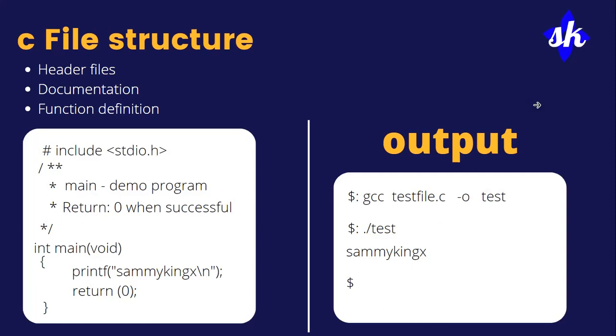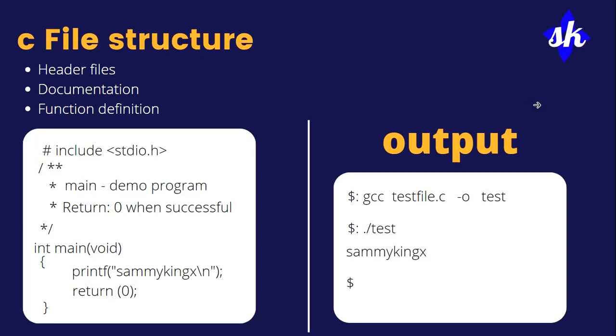In this part, where I wrote my main demo program, return 0 when successful, is more or less your documentation: the purpose why you're writing the program, what the program does, the name of the program, the version, and other stuff that you want to include in your C program.